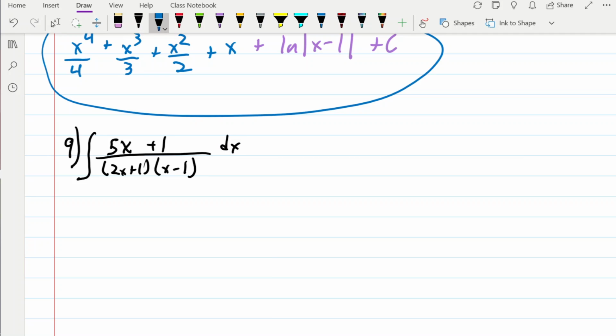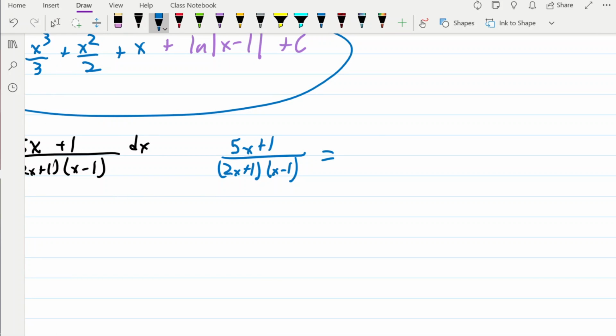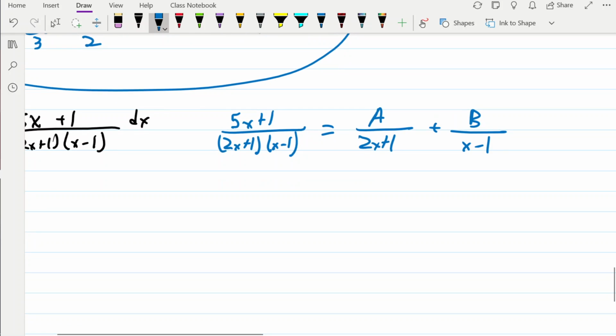Okay, so we are just going to set up our partial fraction, which will be 5x plus 1 over (2x plus 1)(x minus 1) equal to A over 2x plus 1 plus B over x minus 1. Then we're going to cancel out the denominators, so we're going to have 5x plus 1 equals A times (x minus 1) plus B times (2x plus 1).